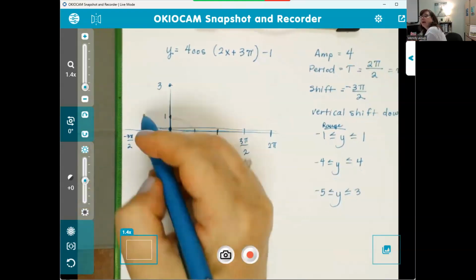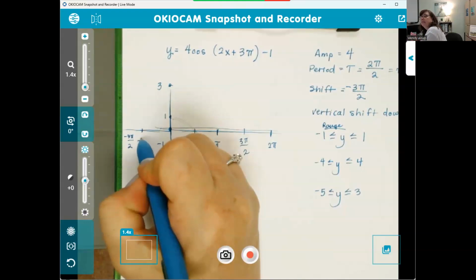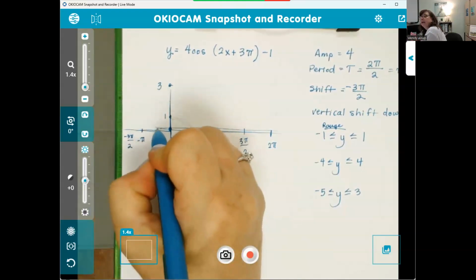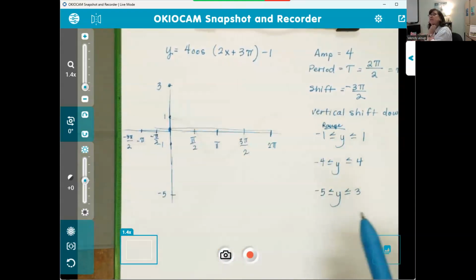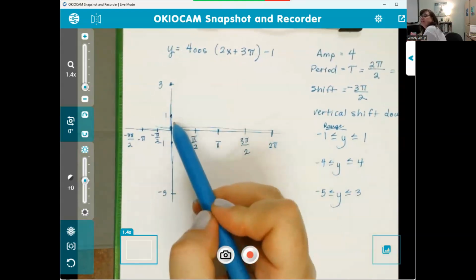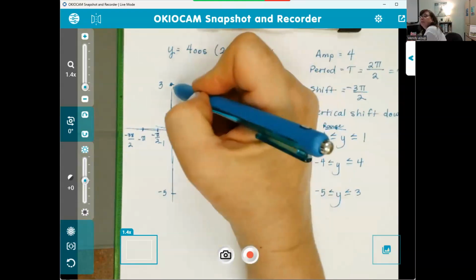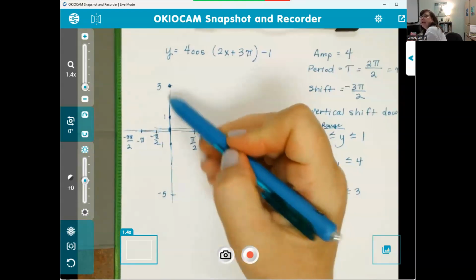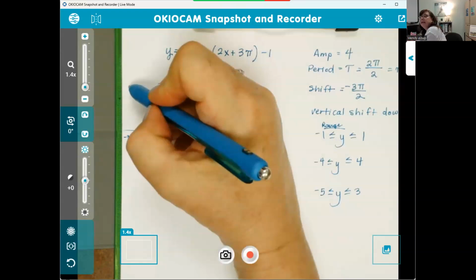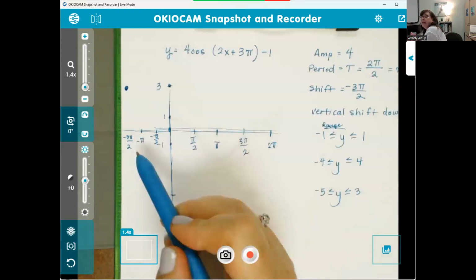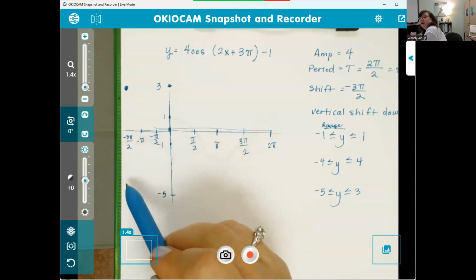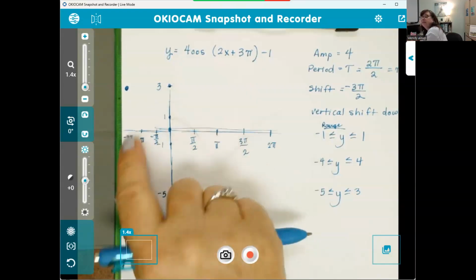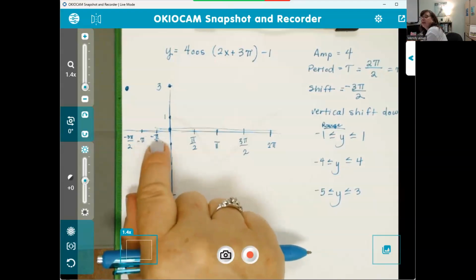All right, so -3 pi over 2, negative pi over 2. So now my first point, instead of being at 1, is going to be at 3, and instead of being at 0, it's going to be here. It's going to go pi units. So that would just be between here and here.